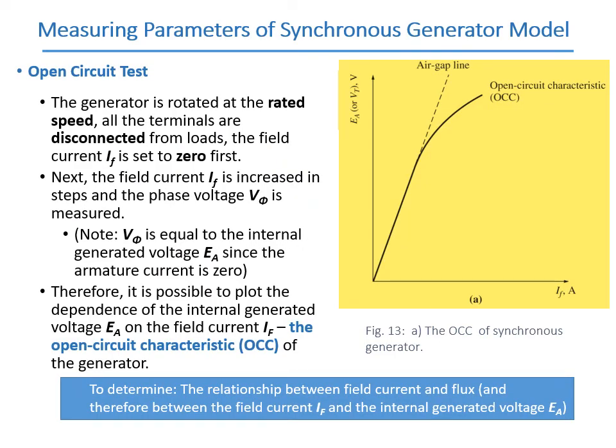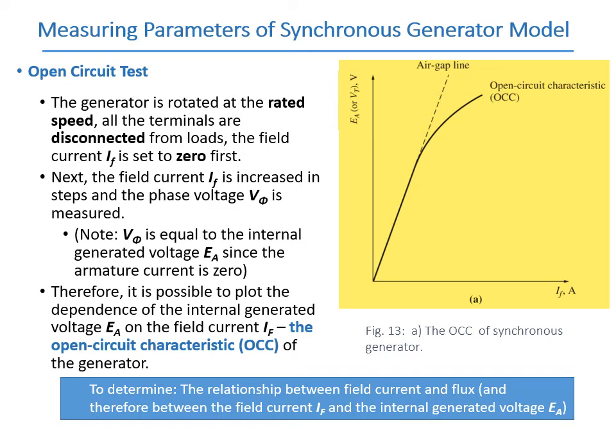Okay, the first test that we need to do is the open circuit test, which is done to let us find the relationship between the internal generated voltage and the field current IF, which is quite straightforward. First of all, we let the generator run at its rated speed, and all the terminals are disconnected.